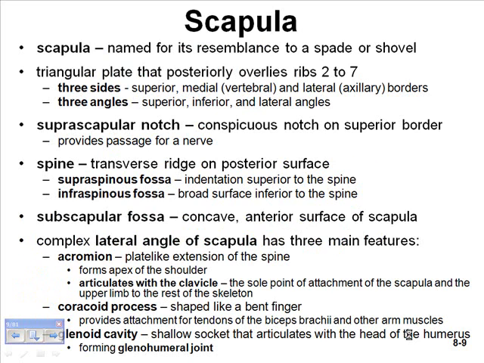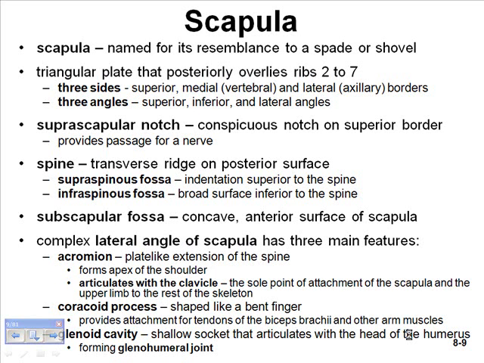The scapula, again, it resembles a shovel because of its thin shape. It has three sides to it, three angles, so a particular design. Talks about that you have the suprascapular notch to it. The spine on the posterior surface of it is a major defining point for it because it separates the supraspinatus fossa, that's the superior portion of the spine where the muscles of the shoulder fit, separated from the infraspinatus fossa, where you would have the lower muscles of the shoulder that would fit in that broad indented area.